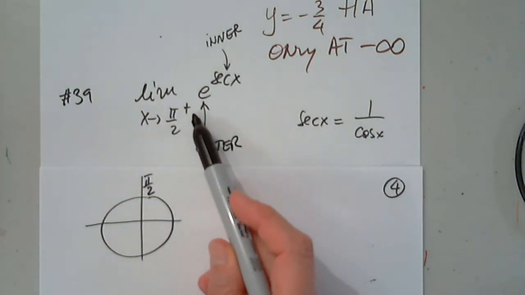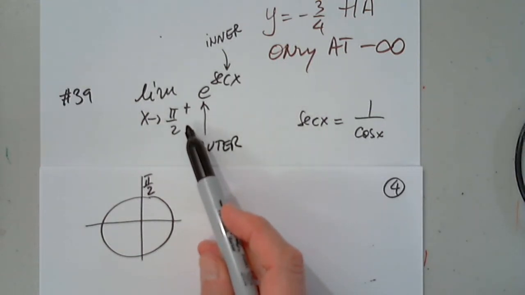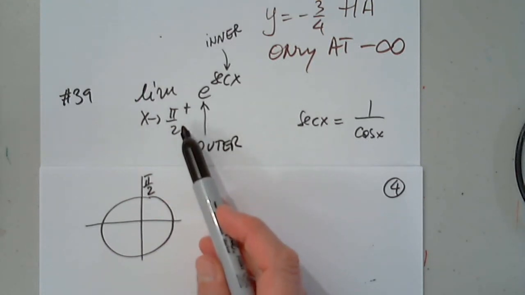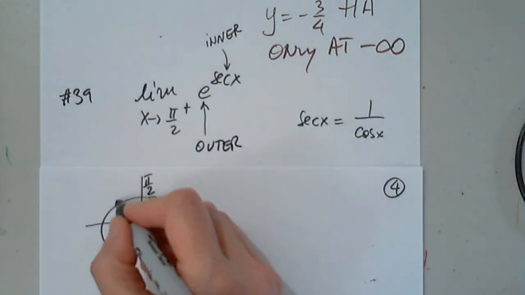Pi over 2 from the right means with angles higher than pi over 2. Which quadrant will have angles higher than pi over 2? Close to pi over 2, of course. Which quadrant will that be? Second one? Of course. So we are here.